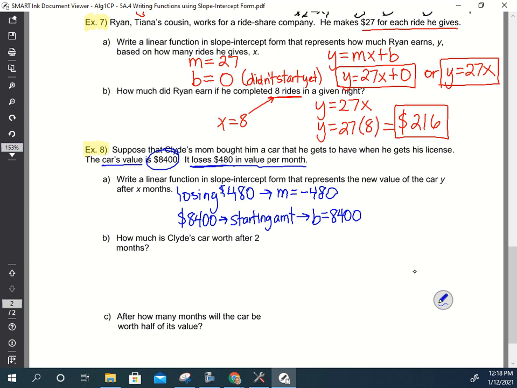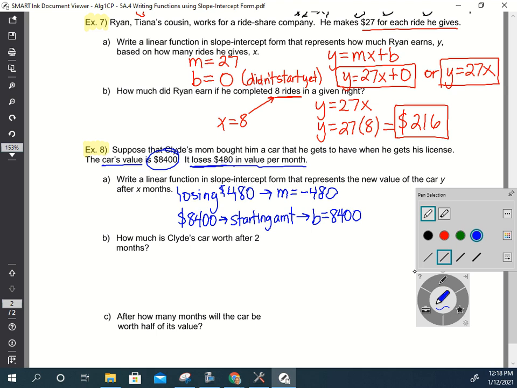Any questions on how we put that together? So now, oh yes, go ahead.